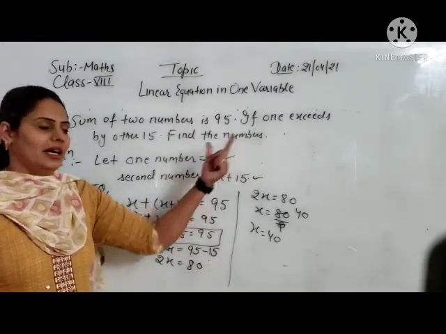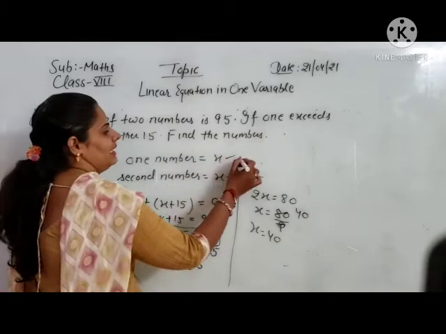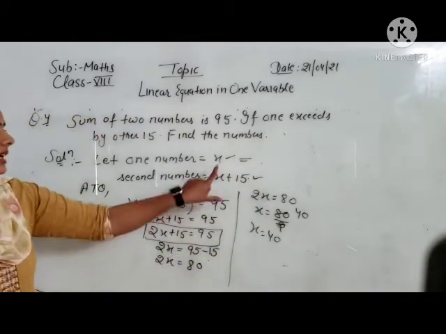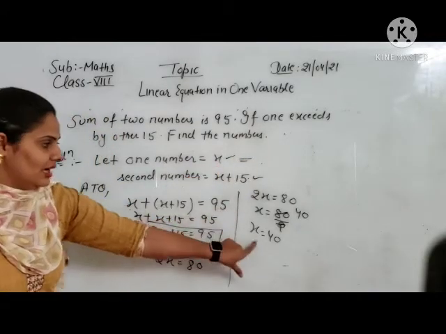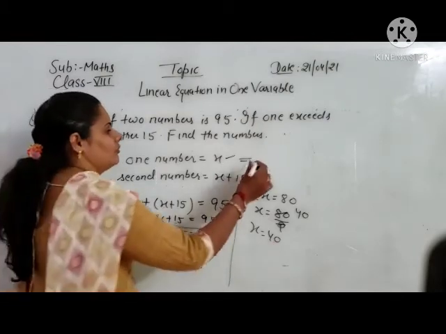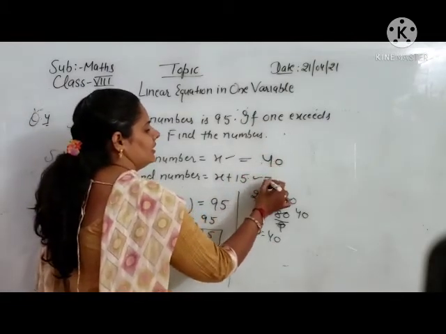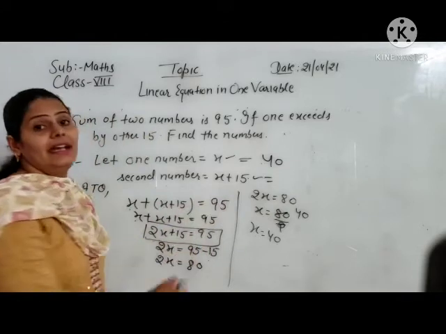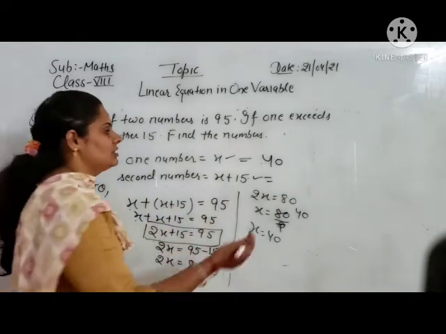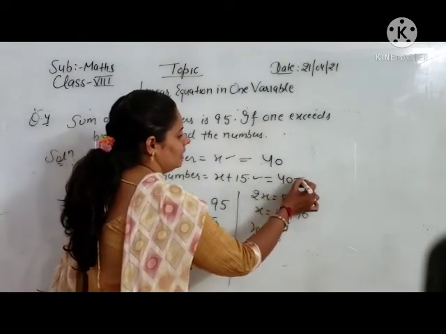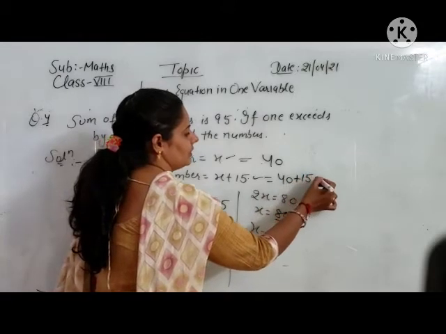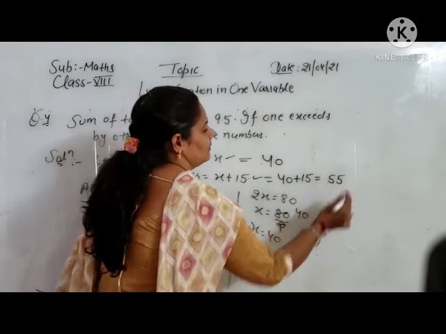Find the number. So what will be the number? First number, you can say one number, it will be x. You have assumed it is x. And what is the value of x? 40. So first number will be equal to 40 and second number it is x plus 15. So second number it will be 40 plus 15, so you can say 55.